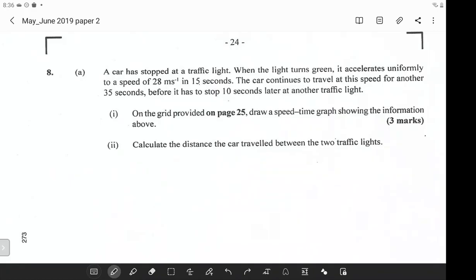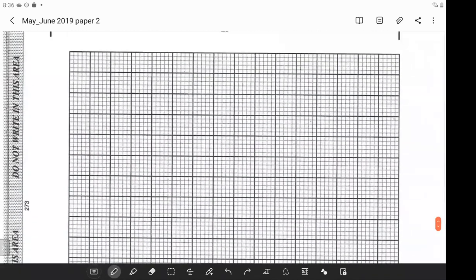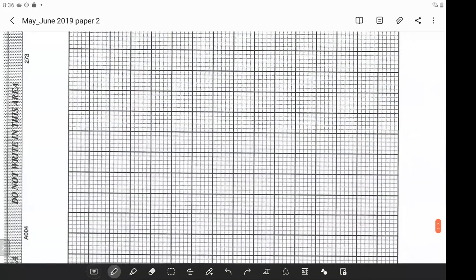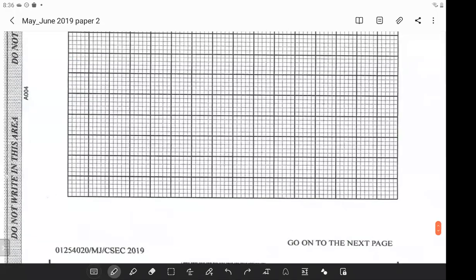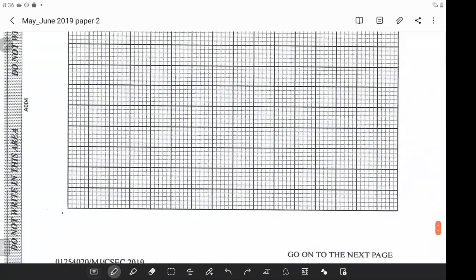On the grid provided on page 25, draw a speed time graph showing the information above. Okay. Well, you are usually to use as much graph page as possible, but just for this purpose, I would just do it here quickly. All right, so we have 0 time.